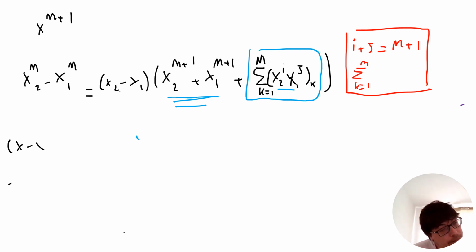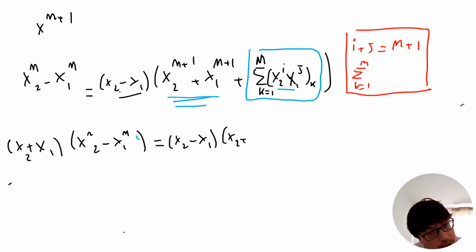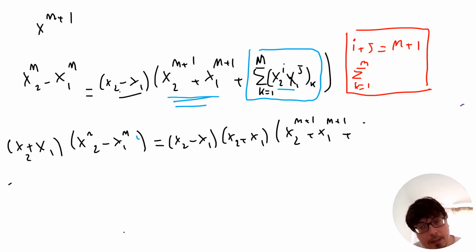We multiply the left side by n plus 1, and then we keep this the way it is, and we multiply by x plus 1, and then we keep this formula: x2 to the n plus 1 minus x1 to the n plus 1, plus this weird sum with all the components that have these properties.